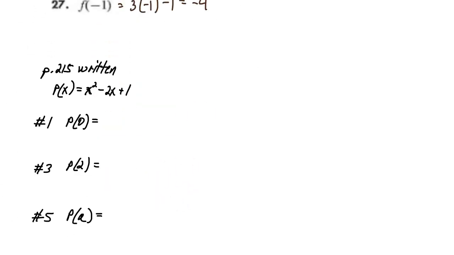Now the written ones. We're given a function called p, and we're given the function rule, or the equation for p, and we're asked to evaluate at these different values. So substitute in 0 to see what the value of function p is. When x is 0, p is 1. Now let's evaluate using a 2.